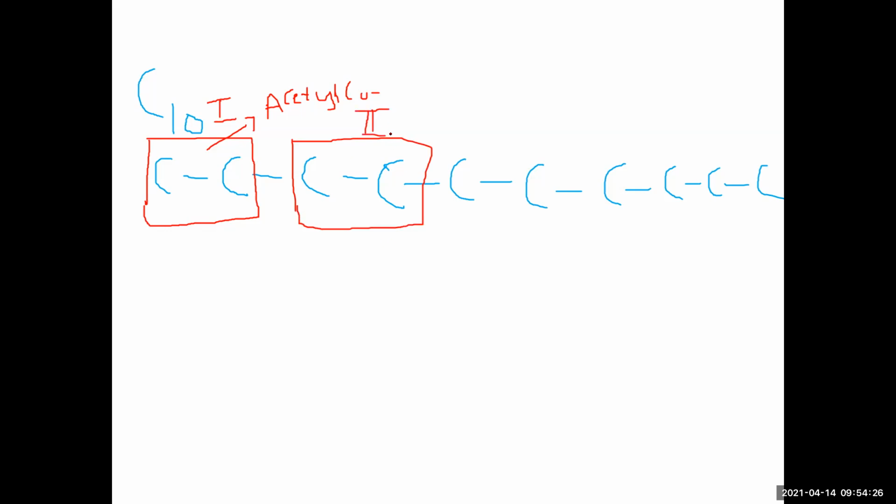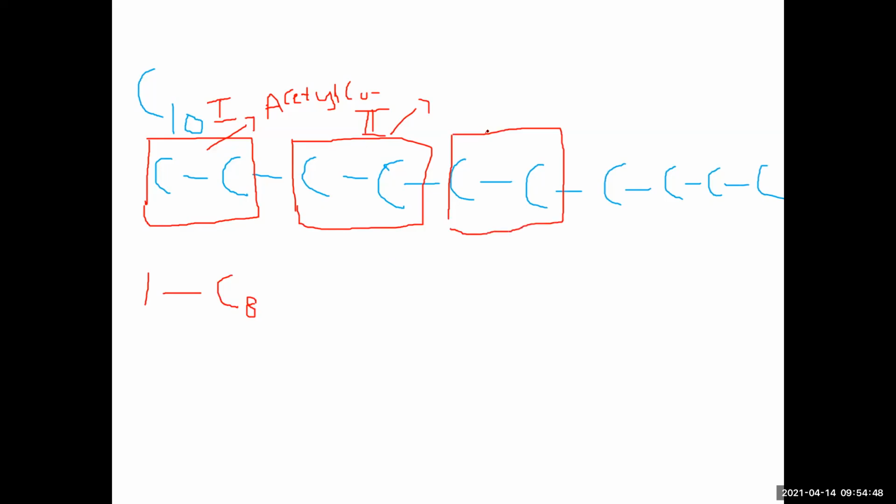So this time when I produce one more acetyl CoA, I will have 1, 2, 3, 4, 5, 6. In round one, I had C8, isn't it? And now round two, I have C6.